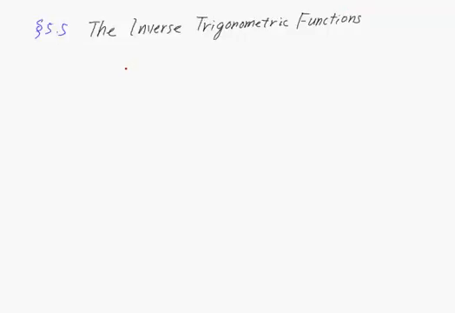So, by now, we have been doing such things. We know the angle, and then we find the trigonometric function values, right? For example, if we know the angle pi over 6, then we know the sine of pi over 6 is equal to one half, right?